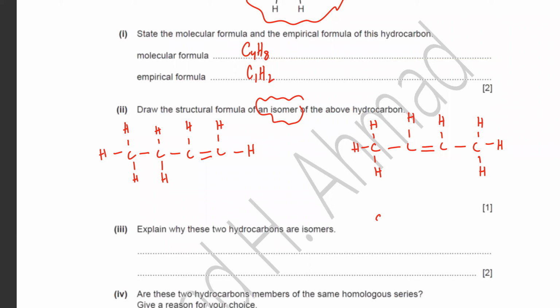Or the carbon atoms could be arranged in this manner. The only thing is you just have to rearrange the atoms, 4 carbons and 8 hydrogens. So check this, and the structure has to be correct. Every carbon atom should be making 4 bonds. So the easiest one was the first one. Saneem, is this clear?